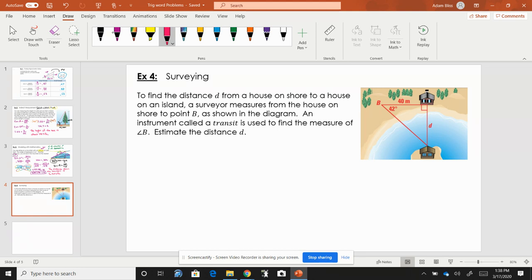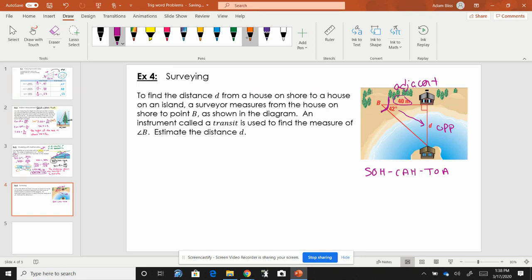So this is a pretty nice one. They already gave us a triangle set up. So again, mark off your angle. This is the angle I'm focused on. What do they give us? They give us this 40, which is the adjacent side. And we're trying to find the opposite side. So take a second, pause the video. What are we going to use? Sine, cosine, or tangent?